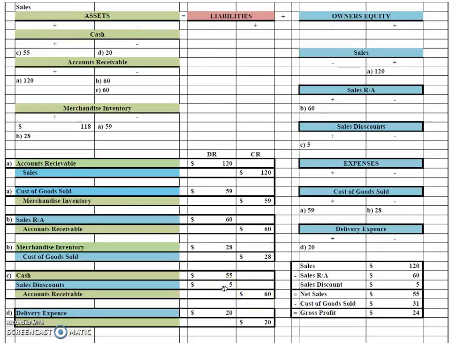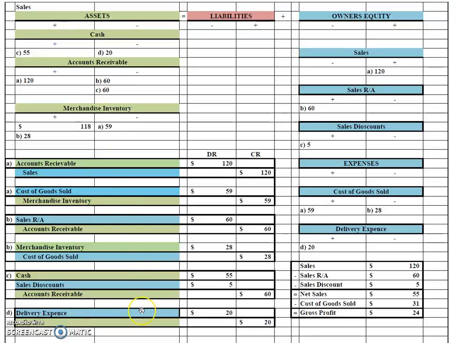There was a $5 discount. There's a debit to sales discounts for $5. And then, of course, cash, the difference between it. So $55 debited for cash, the payment. There was a $5 sales discount. Those are the two debits. And the accounts receivable comes off for the full amount of $60.